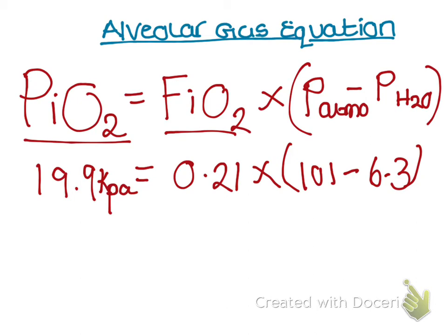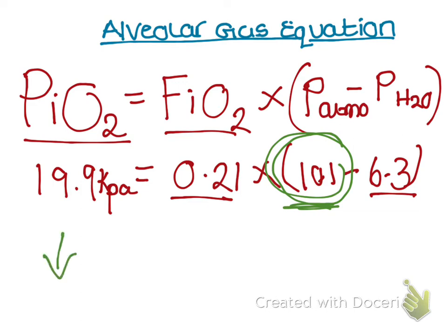If you were at high altitude, your FiO2 would still be the same, your PH2O, the partial pressure of water vapour, would still be the same, but what will change is your atmospheric pressure, this value. At high altitude this would decrease, meaning that you get a lower PiO2.